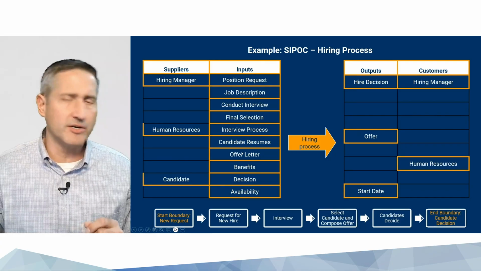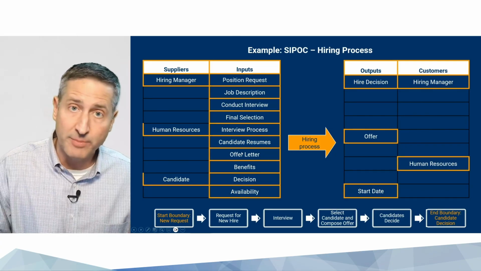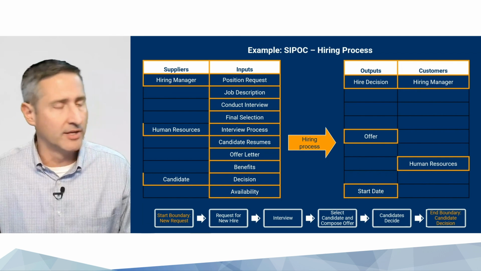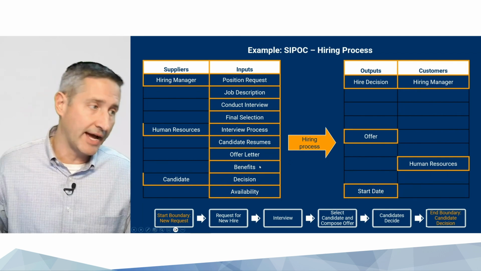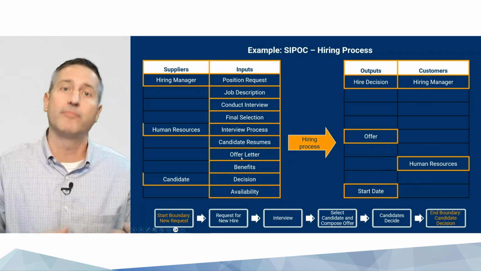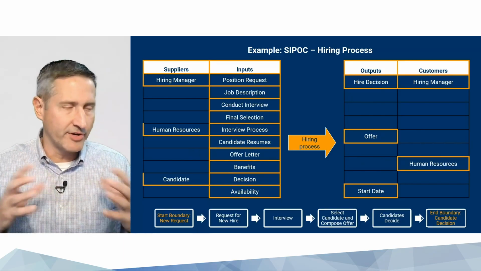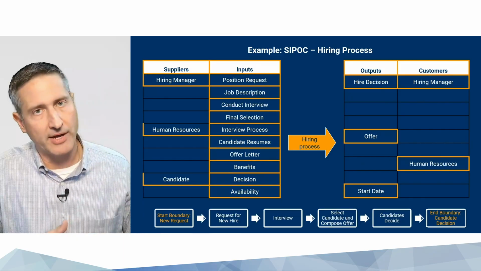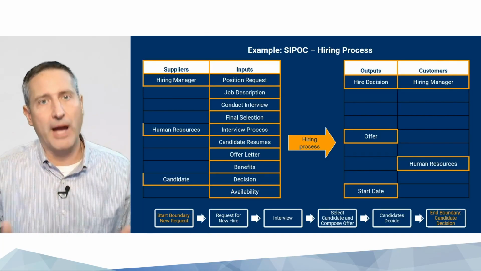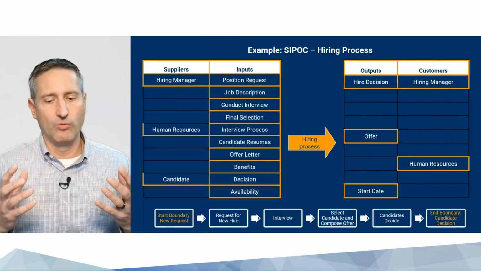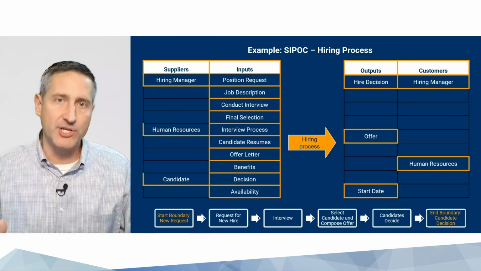Does the offer letter state what the start date is going to be, or does it request a start date? Because if I'm not getting a start date, maybe there could be something wrong in how I'm making that offer. So in the very early stages of a project, when I use a SIPOC like this, I'm starting to put the boundaries around what needs to happen and what information I need.